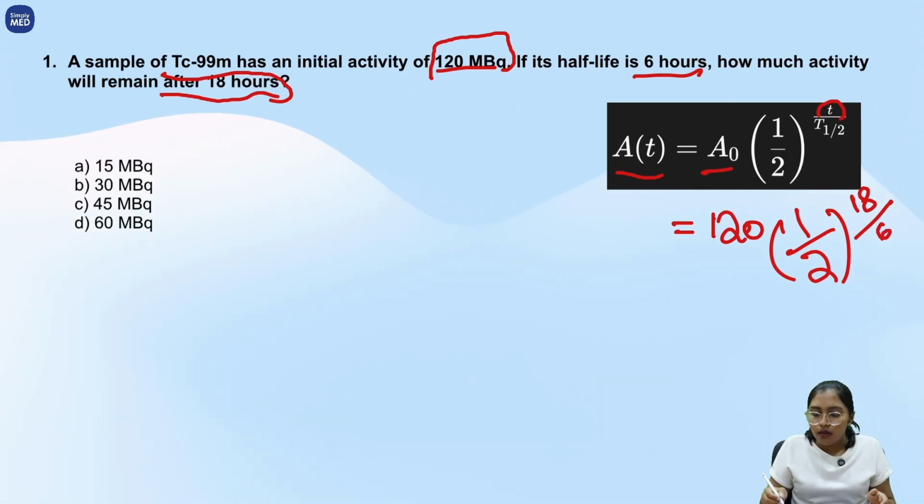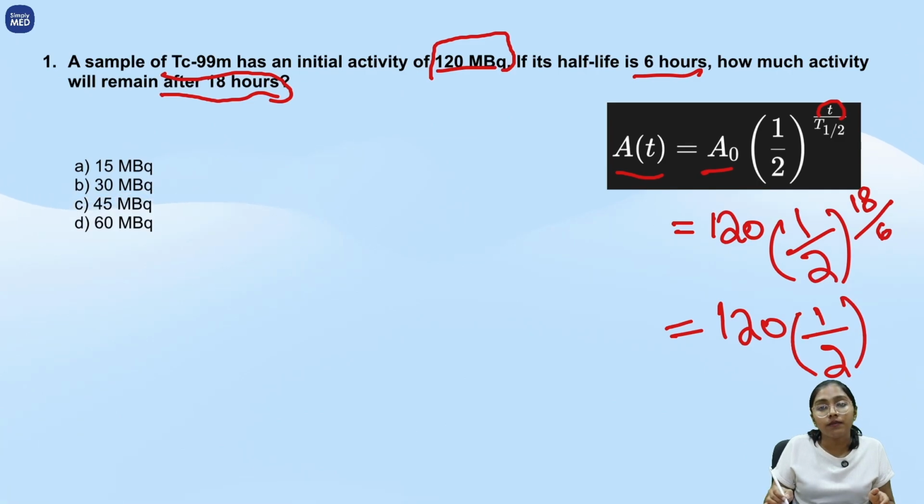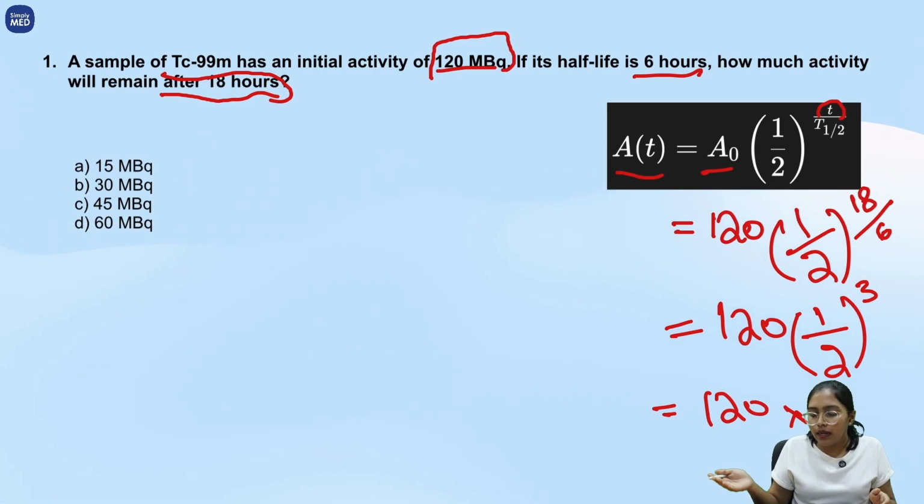So now we've got the equation. Now we can solve it. 120 into 1 by 2 raised to 18 by 6. 18 by 6 is 3, right? Let's solve it further. 1 to the power of 3 is 1 only. However many times we multiply 1 with 1, it will end up 1 only.